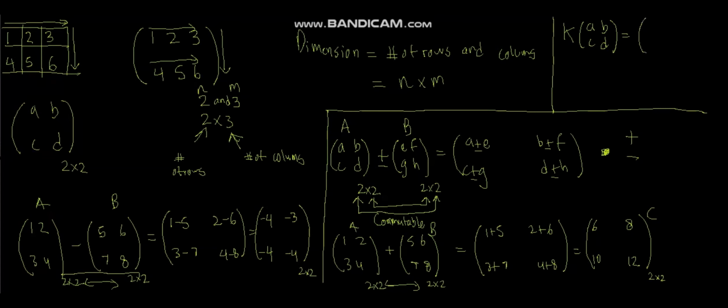So scalar multiplication is K by A, K by B, K by C, K by D. Let's take a scalar of 2 and multiply it by our matrix A, which is 1, 2, 3, 4. Scalar multiplication, you literally take the scalar and multiply it by every element.